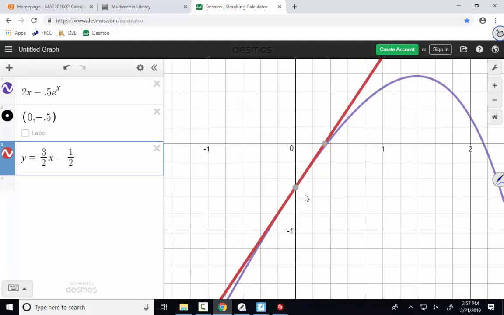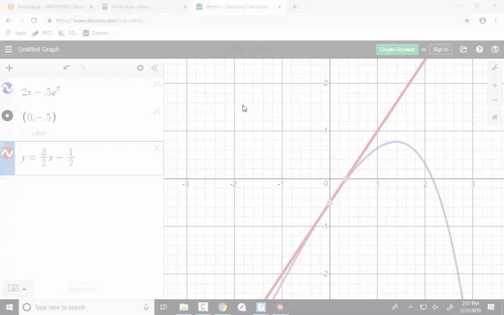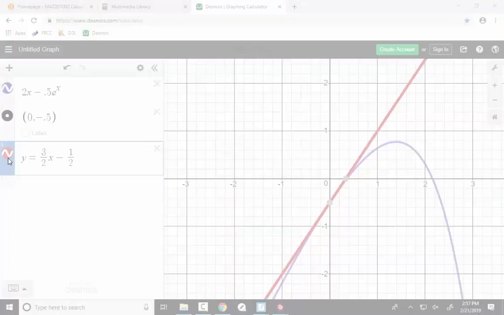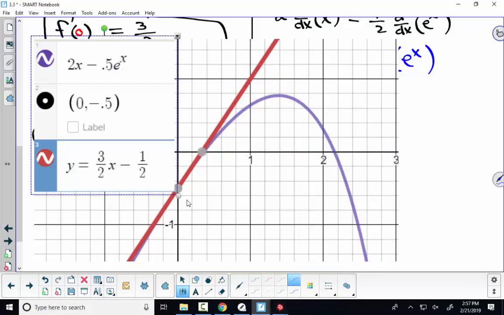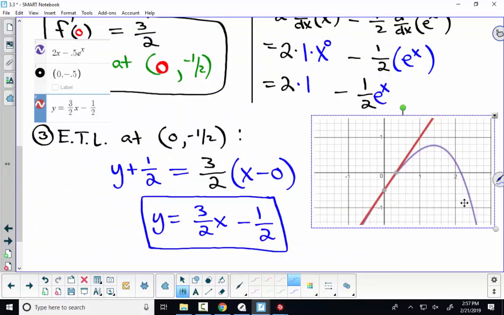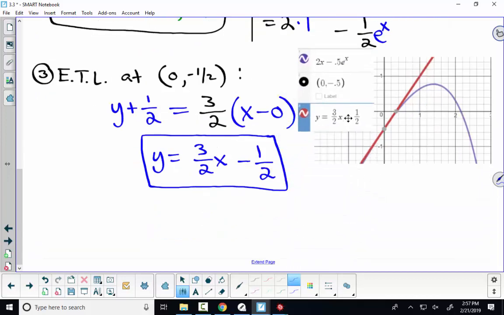It specifically has to be negative 1/2. Does anyone have any questions?